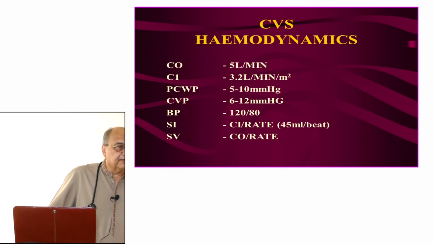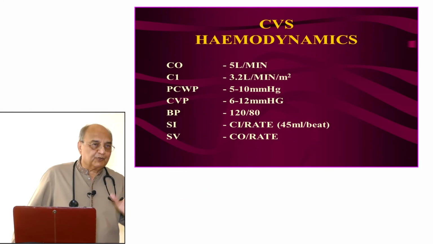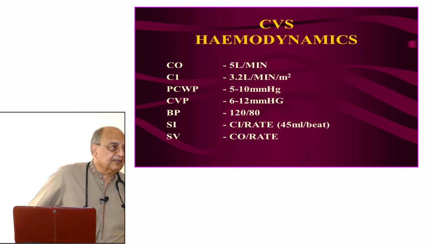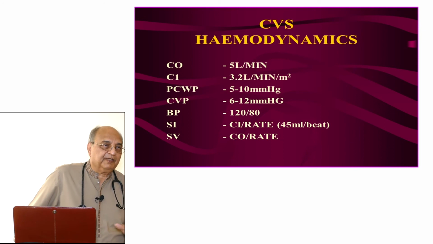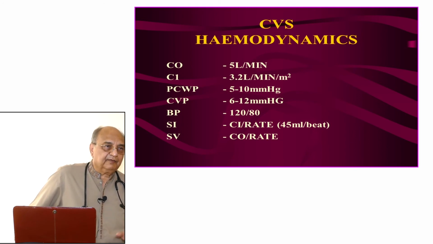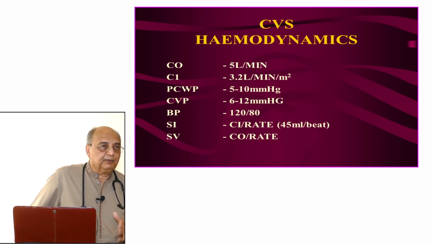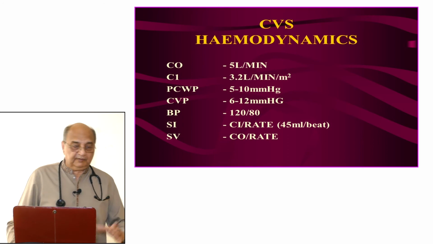What is the surface area? 1.7 square meter is your surface area. If you divide the cardiac output by this, it becomes cardiac index, right? So if the cardiac output is 5 liters, then the cardiac index is 3.2 liters per minute per square meter.